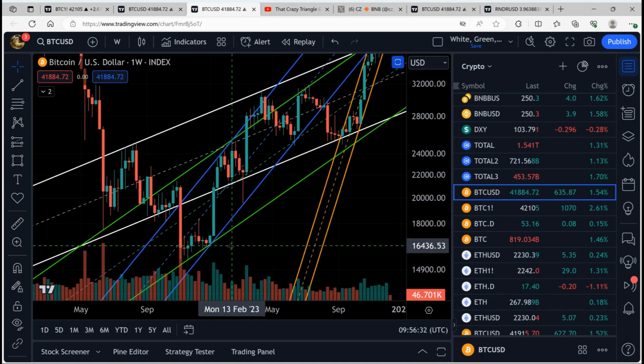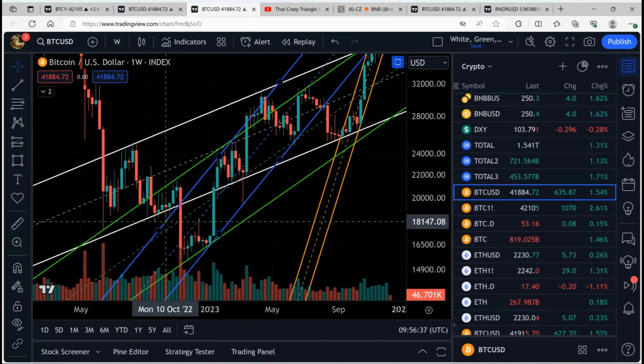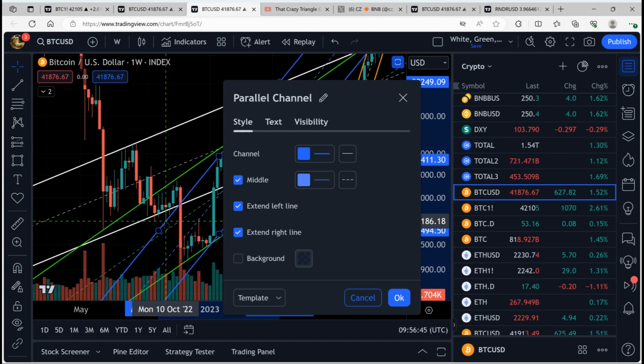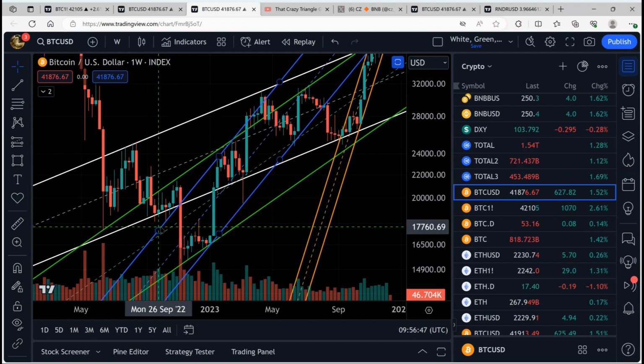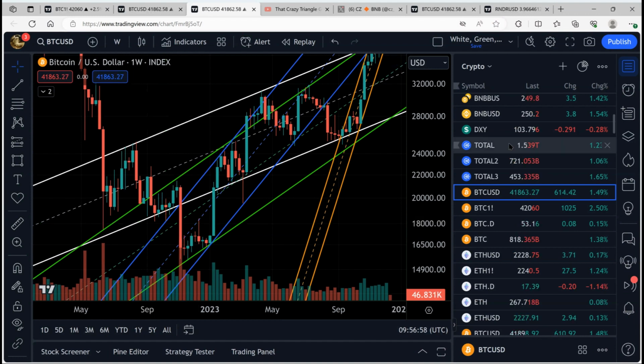Now, the blue channel catches the top, this candle wick here on October 13th, the week of October 10th, which is the bottom of the market. If you look at the S&P 500, the Nasdaq, or what are those things?